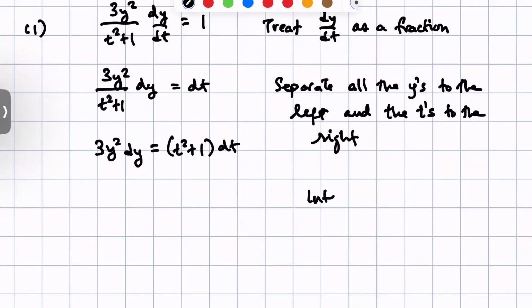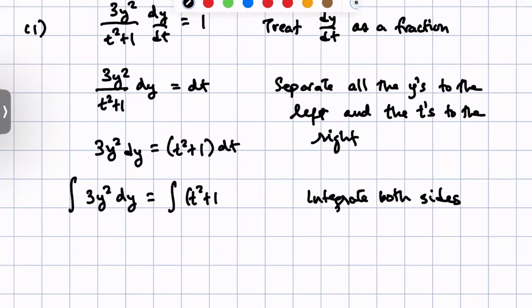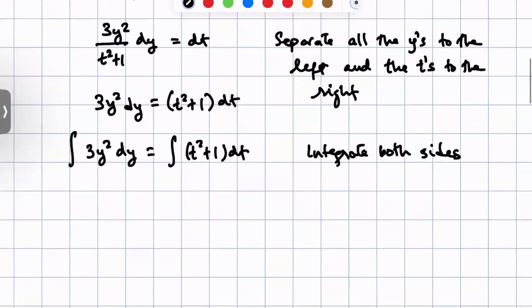We can integrate both sides. And we're going to talk a little bit about why we can do that in just a little bit. But let's take the integral on both sides. This is the indefinite integral. And what we get is y cubed is equal to t cubed over 3 plus t.